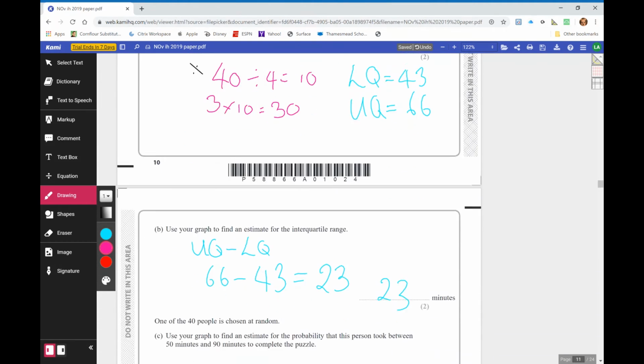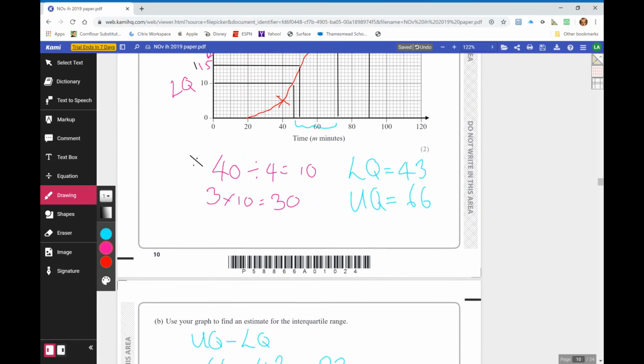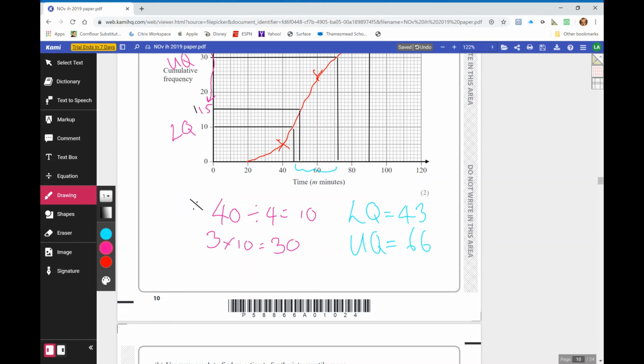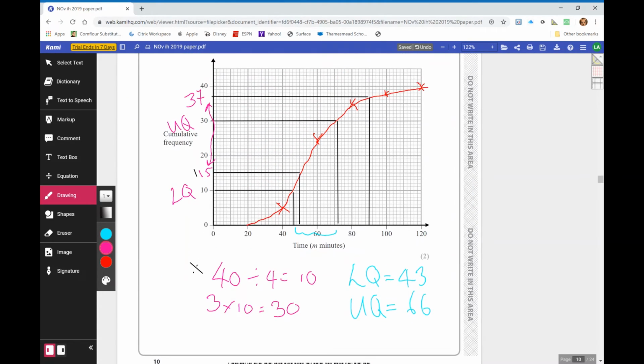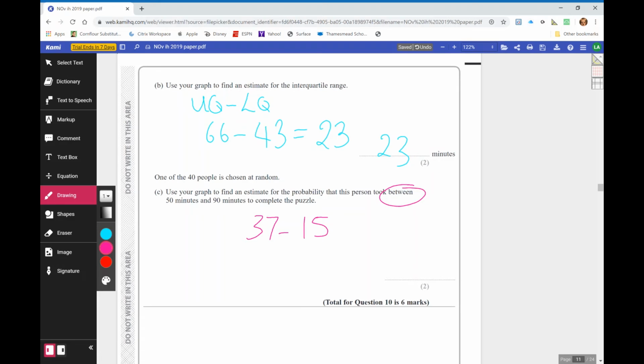So between these numbers, so 37 minus 15. So if you sort of put all these people in a line, the 15th person will be roughly around 50 minutes, and the 37th person will be roughly 90 minutes. So it's just the range of how many are within that. So 37 minus 15.